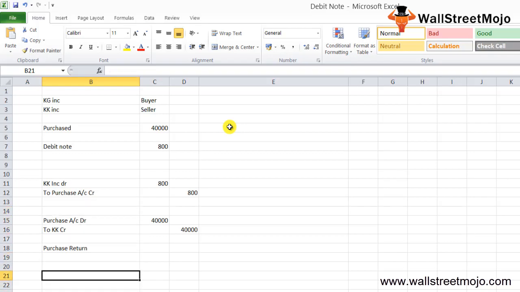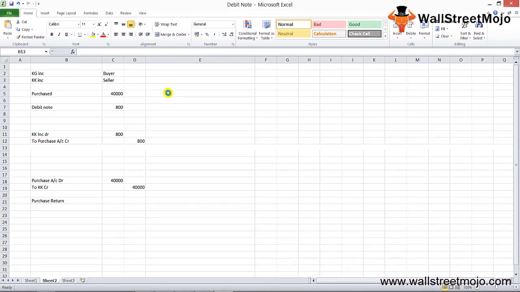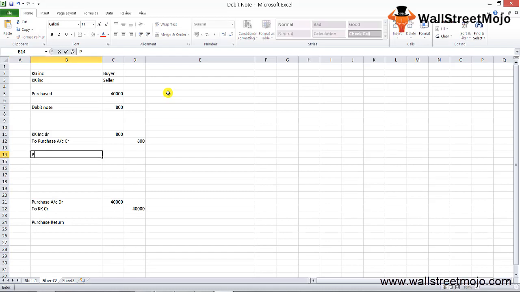And we'll have to make another entry over here as something like this. The purchase account debit to the extent of 800 and to purchase return. This is the entry that needs to be made if we go by that argument, right?